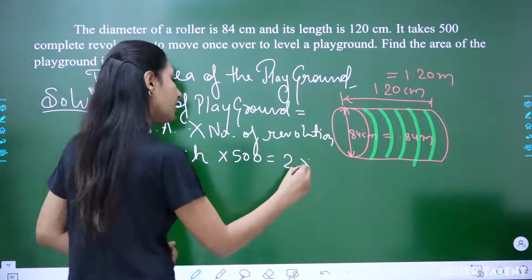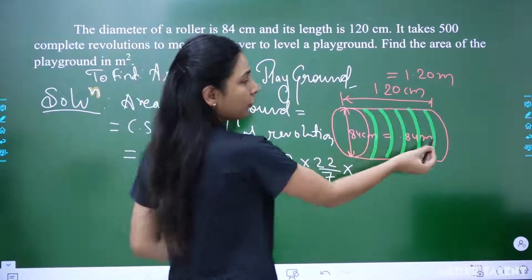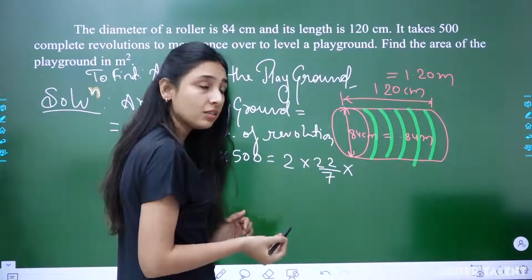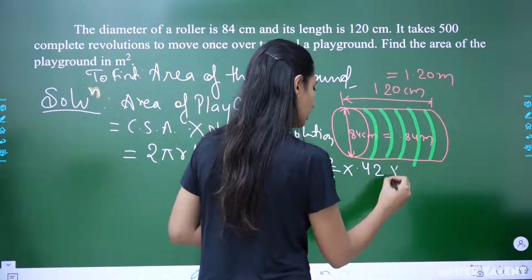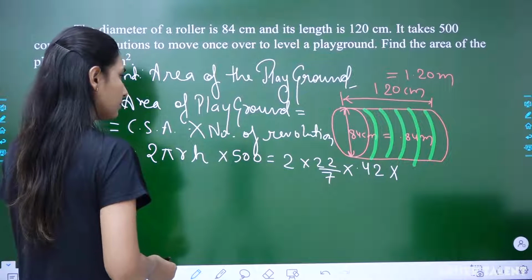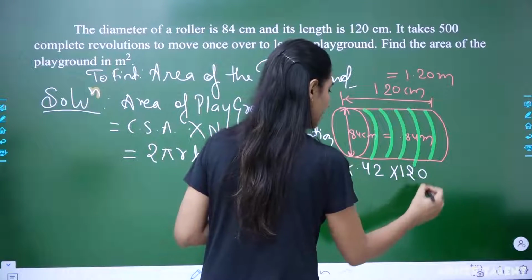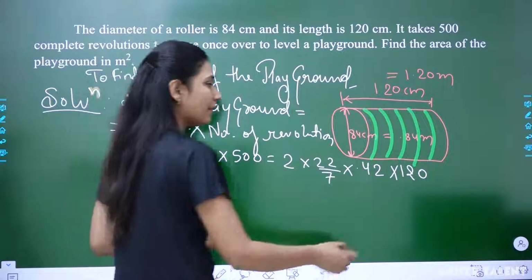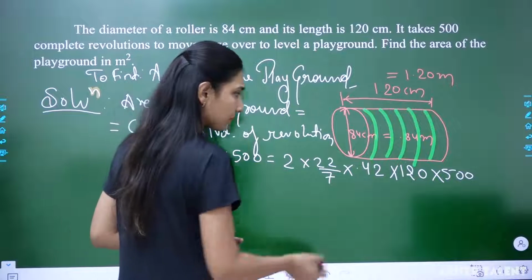Now 2 is 2, pi is 22 by 7, r is what? Given 0.84 meter is the diameter, but radius is half of it, so 0.42, multiplied by h, and h is 1.20 meters. Multiply by 500. Now do the calculations.